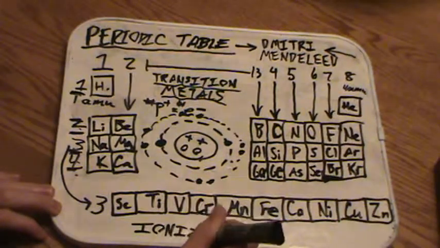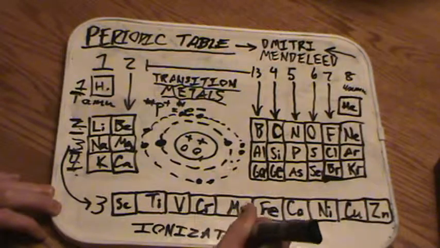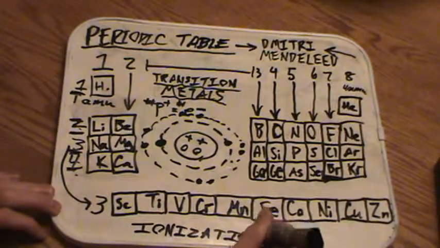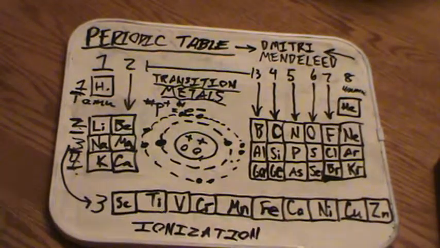We got to get used to it. It is very important. And this idea of valence electrons applies very strongly to this idea of ionization. And so now I just want to talk a little bit about what is ionization.